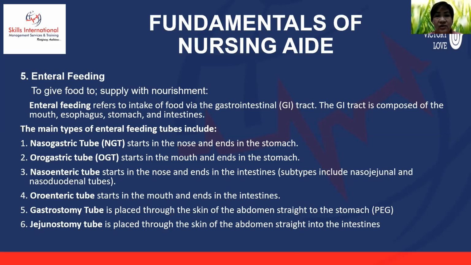When we say gastrointestinal tract, we refer to going through the mouth or through the nose to the stomach, by the use of a tube. So enteral feeding is by the use of the tube: the intake of food from the mouth or nose to the stomach.